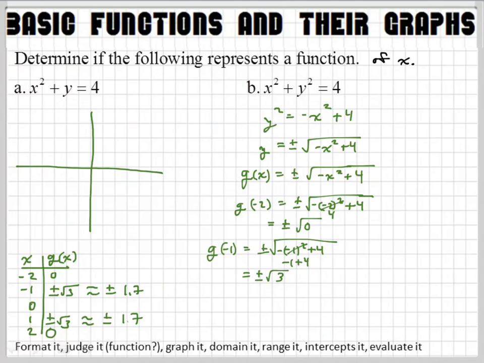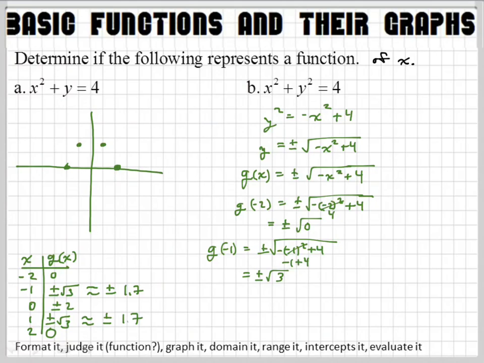And actually, if we plug in a 0 into our g function, we will get positive and -2. So if we go to graph this, at -2 we would be at 0, +2 would be at 0. At 1 we'll be at 1.7, which is about right there. Let's see. And then -1 will be at 1.7.